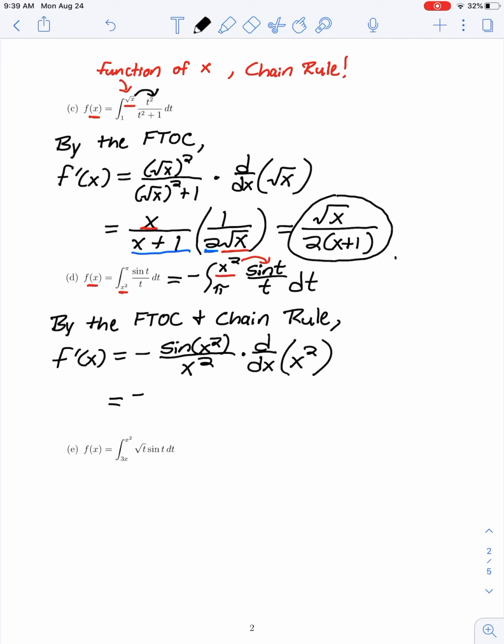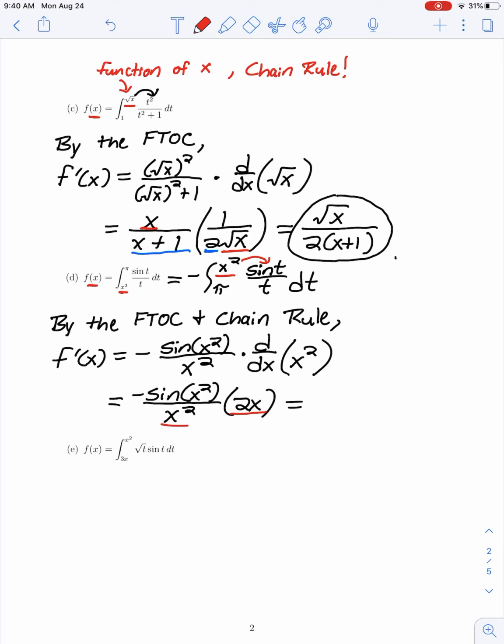So here we have a negative sine of x squared divided by x squared, and then we're multiplying by the derivative of x squared, which would be 2x. So now to simplify a little bit, well, we have a 2x, which I'm then dividing by x squared.